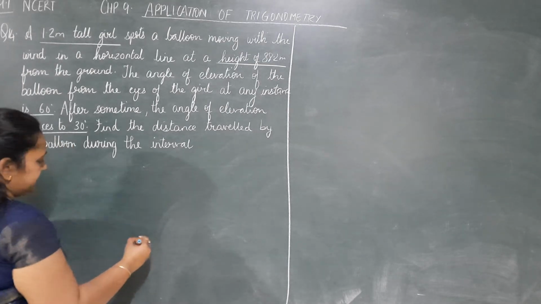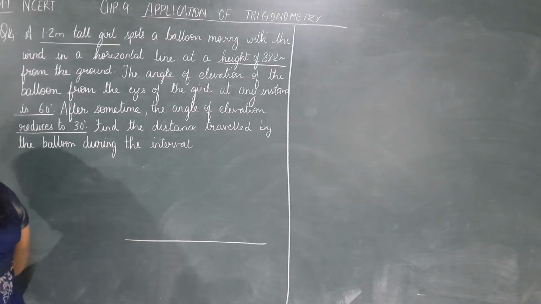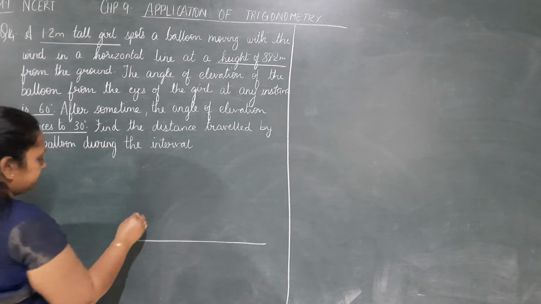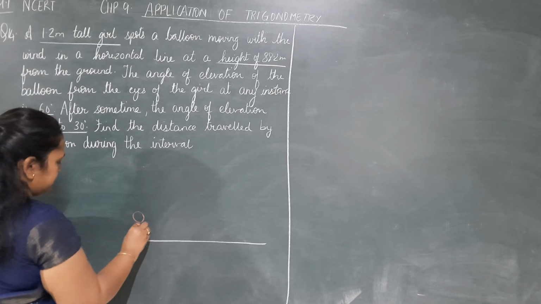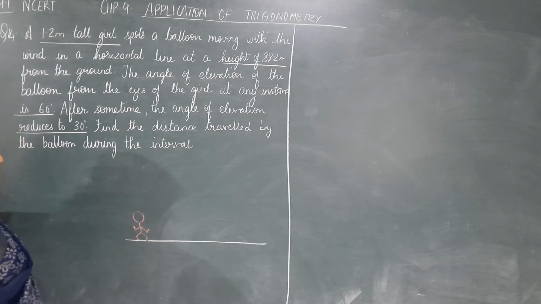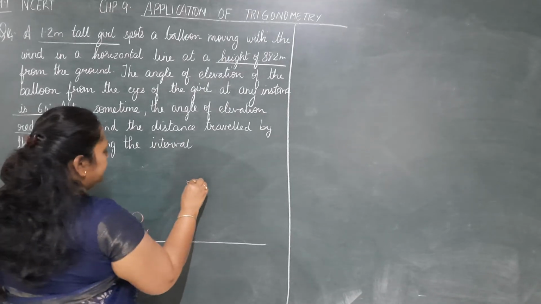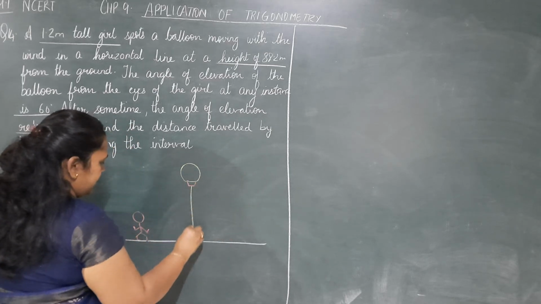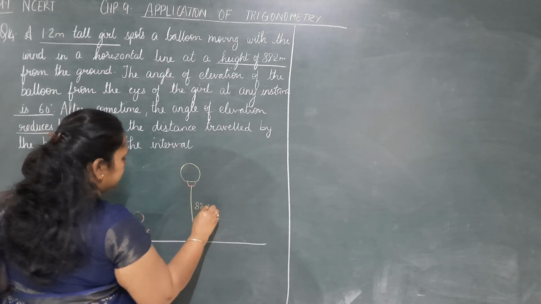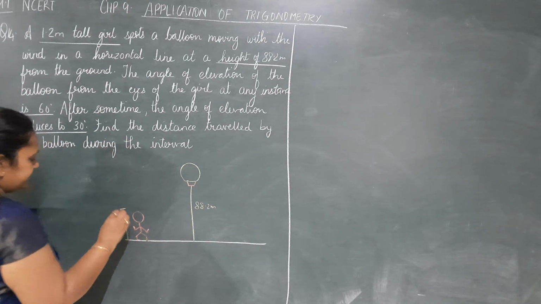So let us first draw the ground where the girl is standing. Let this be the girl. She spots a balloon in the air, which is at a height of 88.2 meters, and the height of the girl is 1.2 meters.